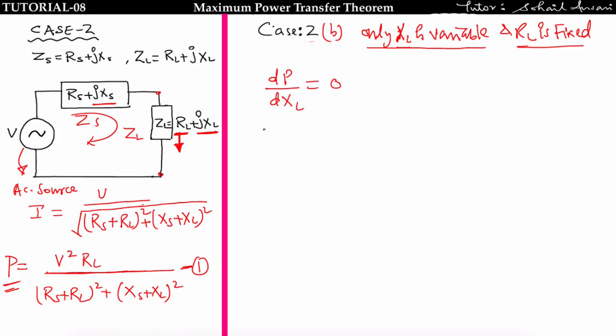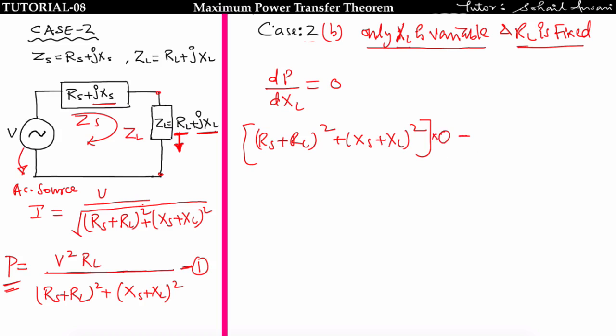So differentiate the power with respect to XL: V as it is, that is (RS plus RL) whole square plus (XS plus XL) whole square. This is my denominator, into the differentiation of the numerator. Since XL is variable and RL is fixed, the numerator is constant, so the differentiation of a constant is equal to 0.